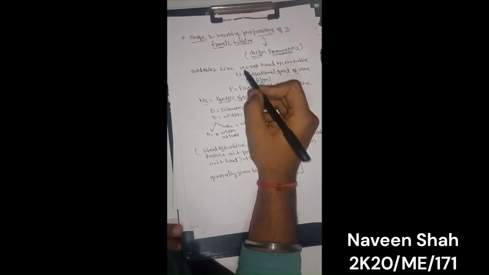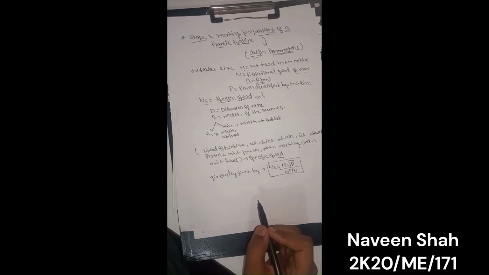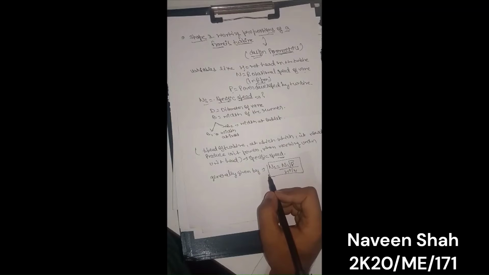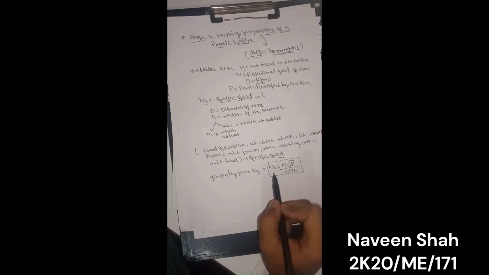Now these N, H, P, D and B variables play an important role in the shape of the runners in Francis turbine. The geometry should be such that the runner is able to handle the increase in discharge without choking. Parameters like flow ratio and speed ratio help to choose the diameter and geometry of the vanes properly.